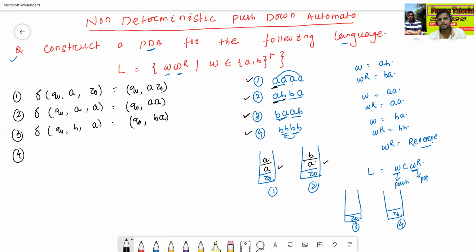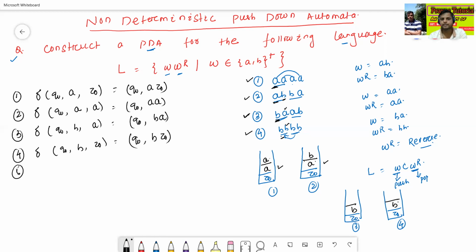In the third and fourth cases, the string starts with B. So delta(Q0, B, Z0) means push: Q0, BZ0. Here B means push. In the fifth case, after the first B, either A or B may come.